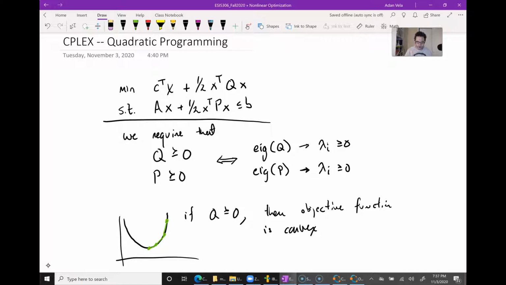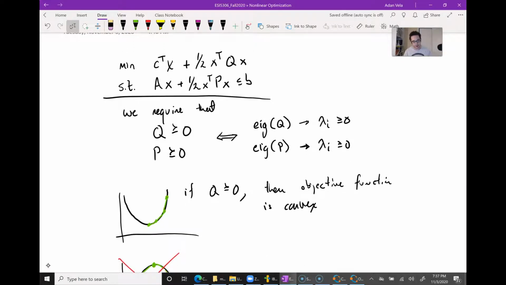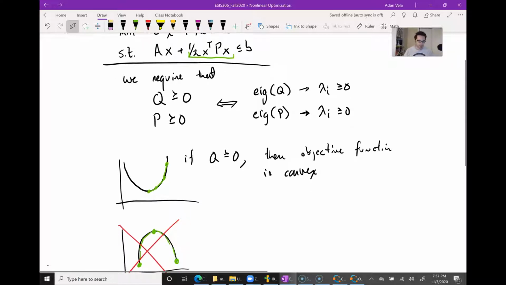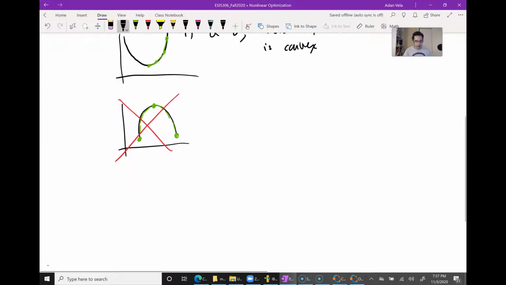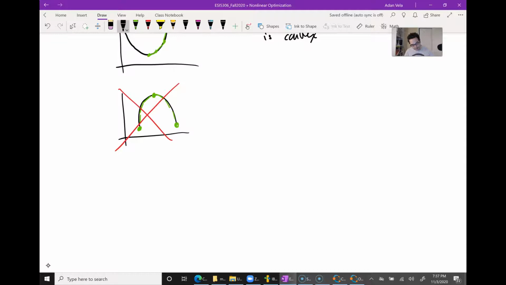All right, so this brings us to the constraint equation. Now, we're going to have similar requirements on P. All right, so why is this? Well, for starters, our constraint sets have to be convex. Now, we've talked about convex functions. There is also the same idea of a convex set.